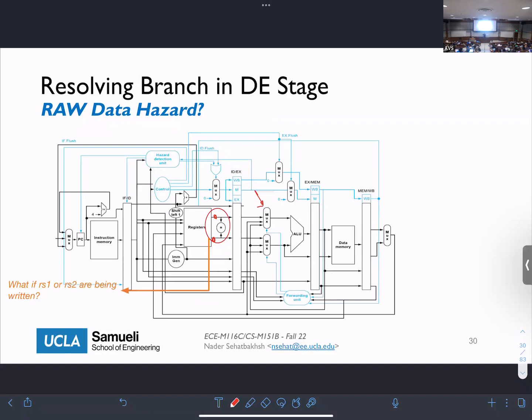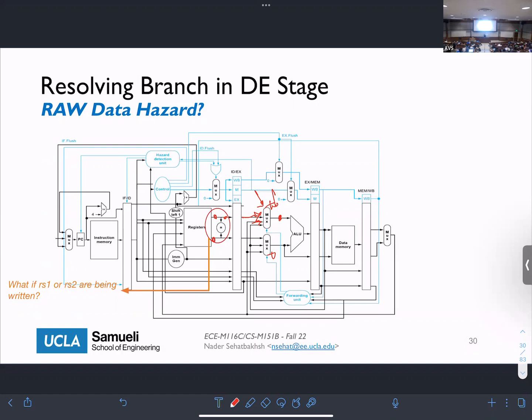So if you go back to our RAW data hazard, we were saying that at this point we are reading garbage, right? And this garbage will go here, and we are adding these 2 muxes here, which basically was what we call forwarding muxes, right? And we were correcting that decision at this point, right? So in the middle of the EX stage, that's where we were fixing our RAW data hazard problem.